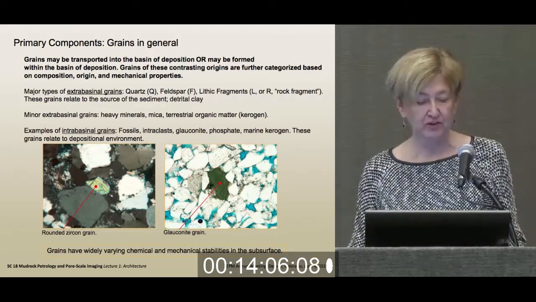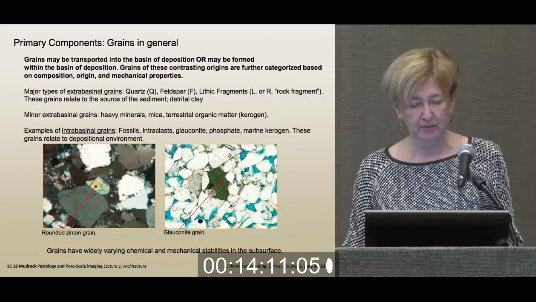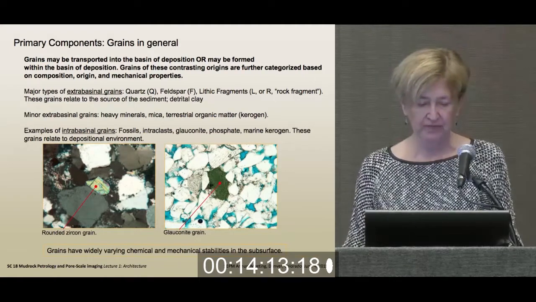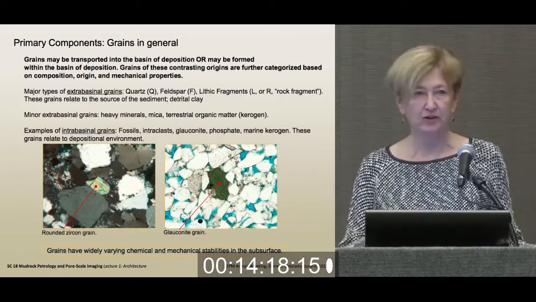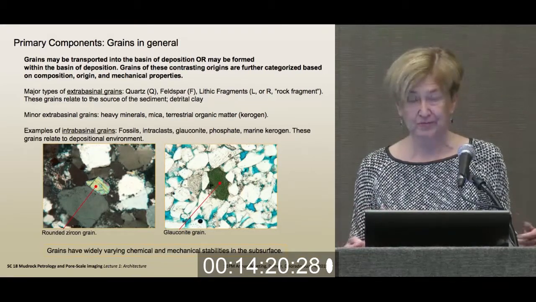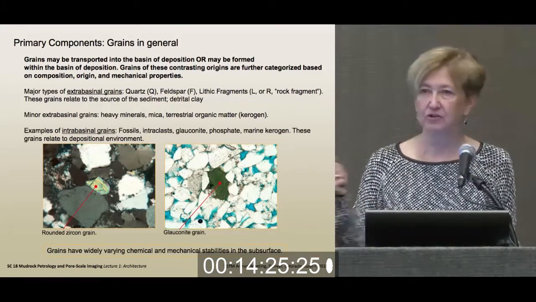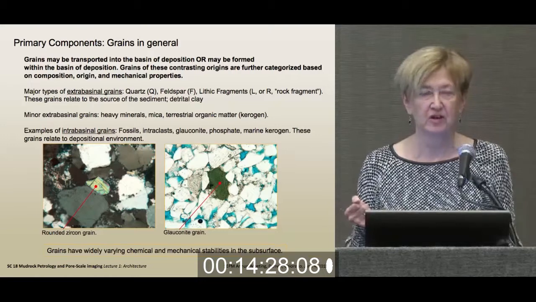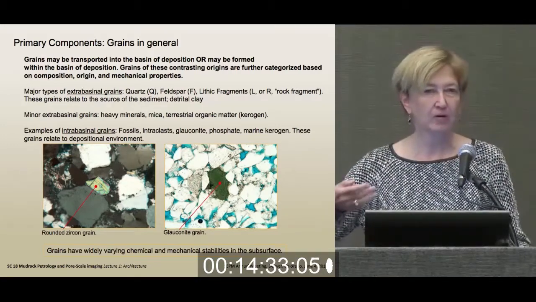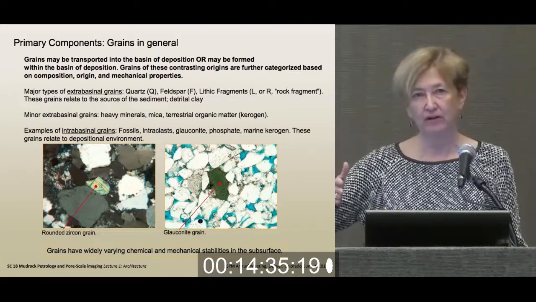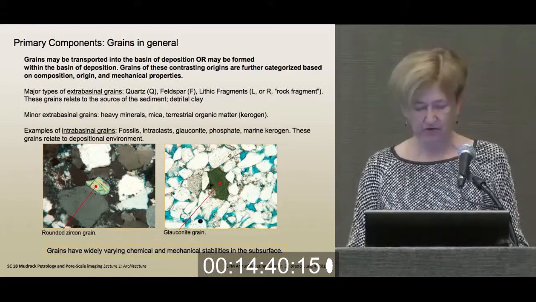On the other hand, the intrabasinal grains serve a very different purpose and allow us to learn something about depositional environment. But a really important point that I want to make is that whether you have extrabasinal grains or intrabasinal ones, they all have widely varying chemical and mechanical stabilities in the subsurface. So the proportions of the different kinds of grains in your rock really provide an important starting point for understanding what's going to happen to the sediment in the subsurface.